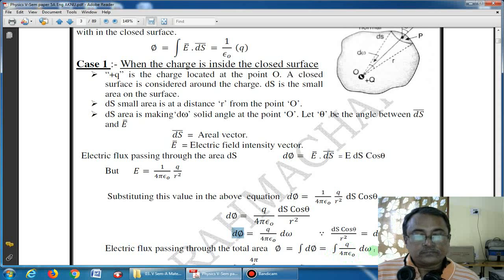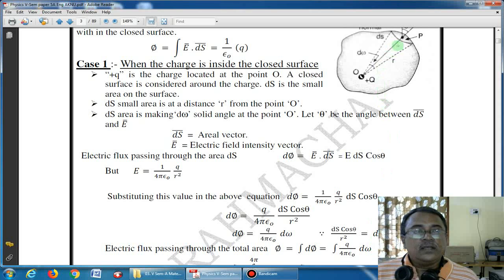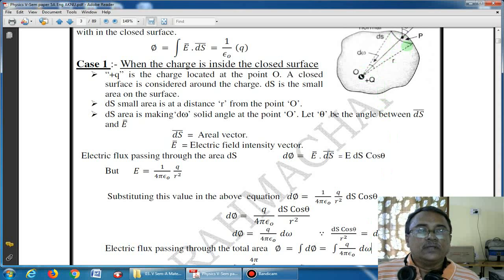Coming to this d omega, if the area is very small, then it makes 0, that is the integration lower limit. If the total area of the surface is taken, then the total surface area will make a solid angle at the point O, which is equal to 4 pi.